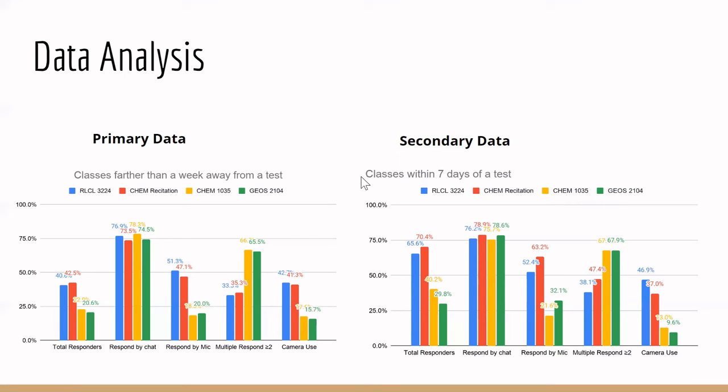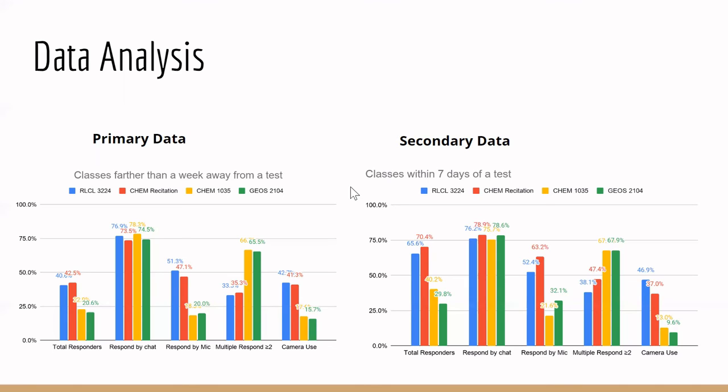So now let's take a look at our secondary pieces of data. Using the same type of data that we have from our primary graph, we took note of classes that were actually within 7 days of an upcoming test that corresponds to that class. You see, during our pilot plan, we had noticed that there was actually an artificial increase in questions asked during test review lectures.